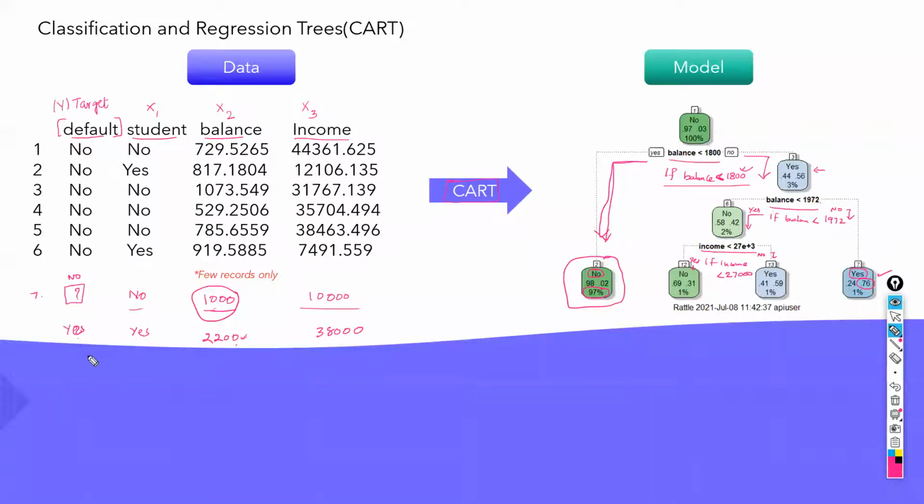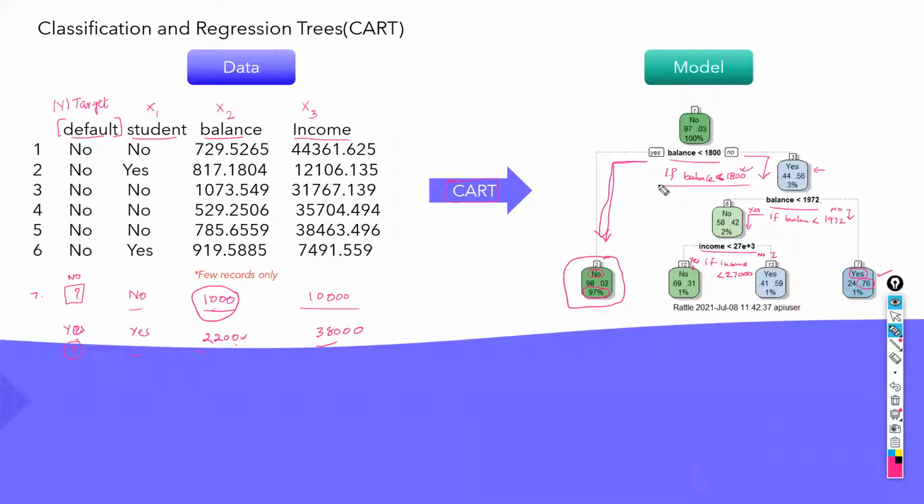And that's how we make our future decisions. So when you know these three values, you know how to predict the future value. How is it possible? Because we have this tree which helps us in that decision making.